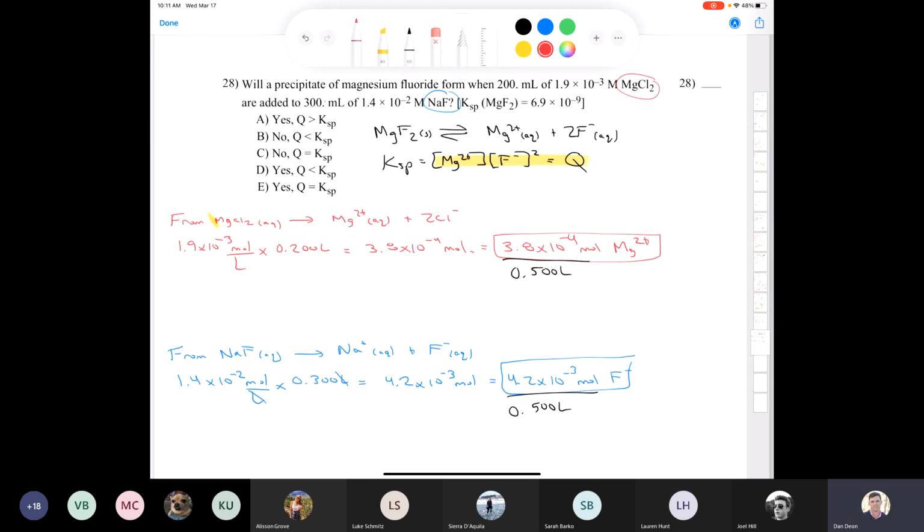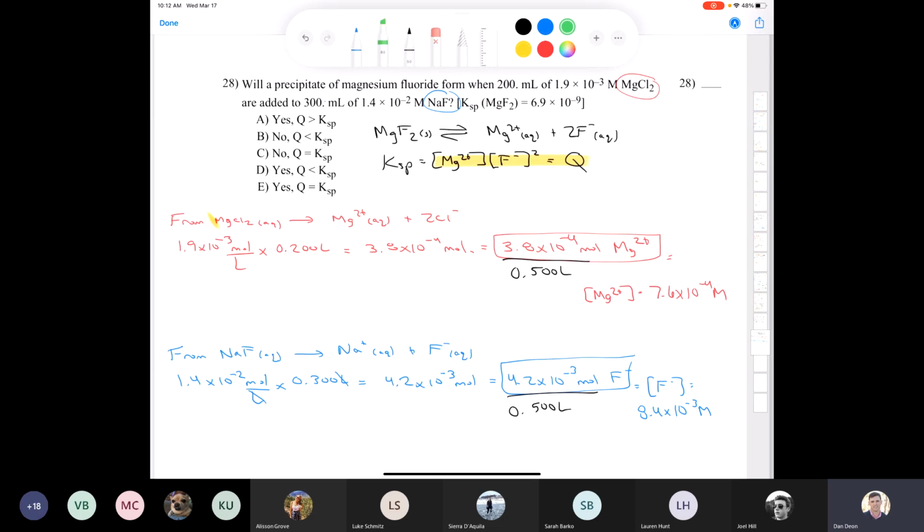The concentration of our magnesium 2 plus is 7.6 times 10 to the negative 4 molar. I get that the concentration of my fluoride is equal to 8.4 times 10 to the negative 3 molar.